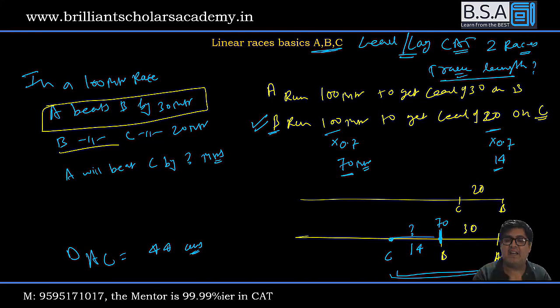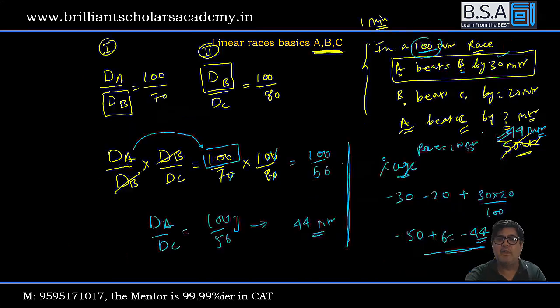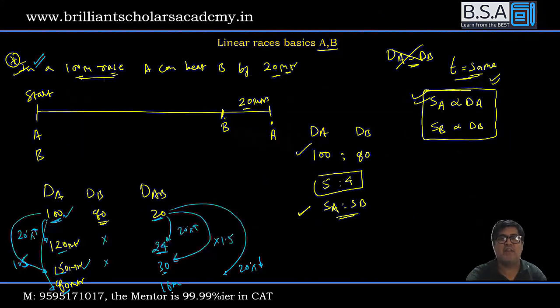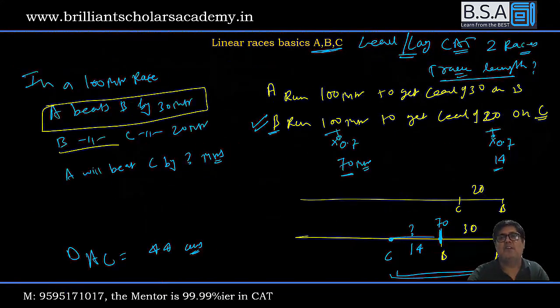What is the lead lag method? You visualize B will have to run 100 meters to gain 20 meters. So if B has traveled 70 meters, 70 meters is what? 70%. So lead will also be 70%. Do you remember? On the first slide, I was teaching you this scaling approach. This was the reason. So you can understand the lead and lag method.